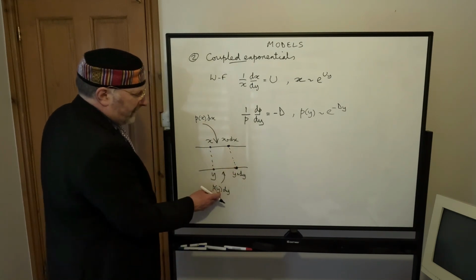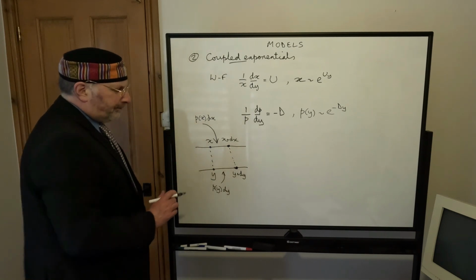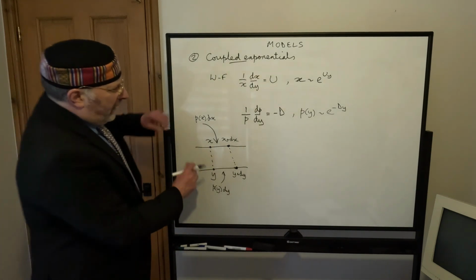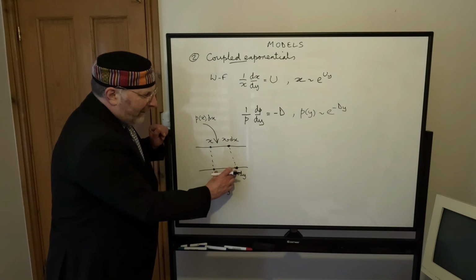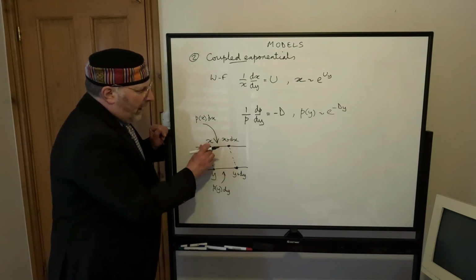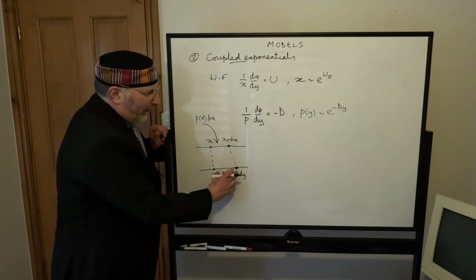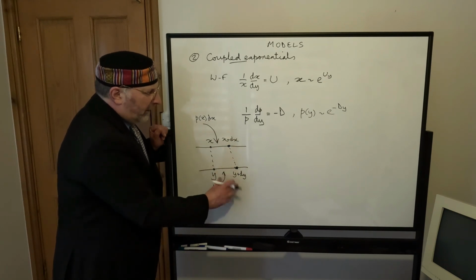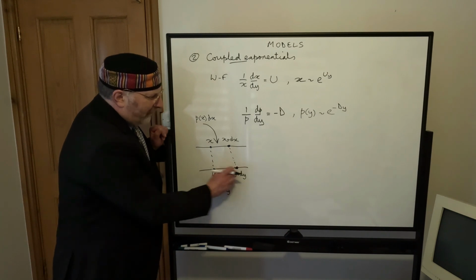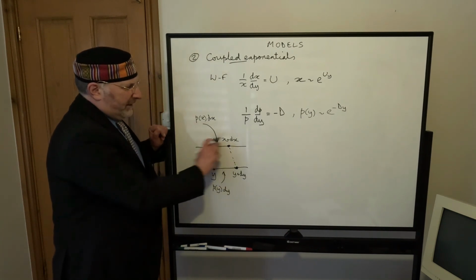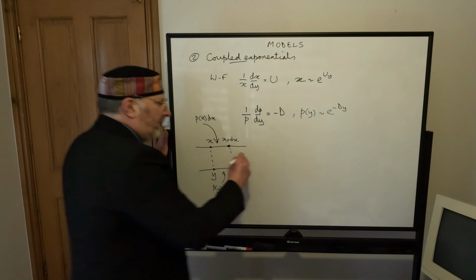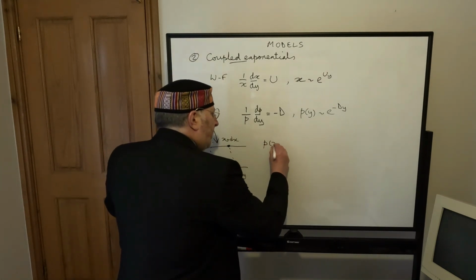So it's again the probability density times the interval. But because if x is there, then y is there, these must be equal. Because if x lies in that interval, then y will definitely lie in that interval. So the probability that y lies in that interval is exactly the same as the probability that x lies in that interval.